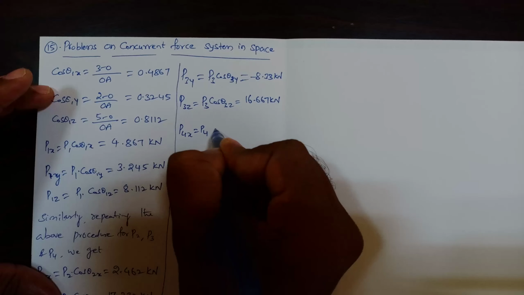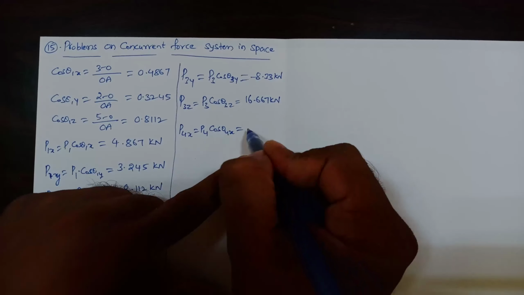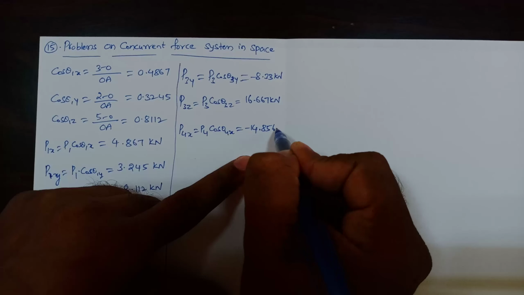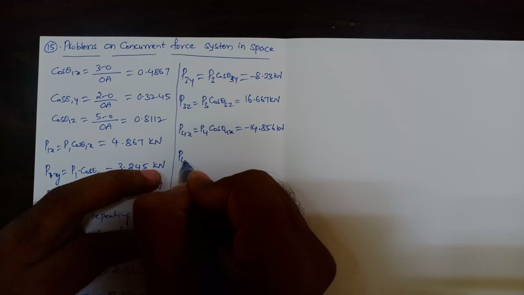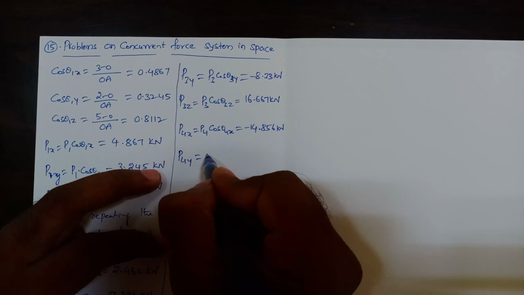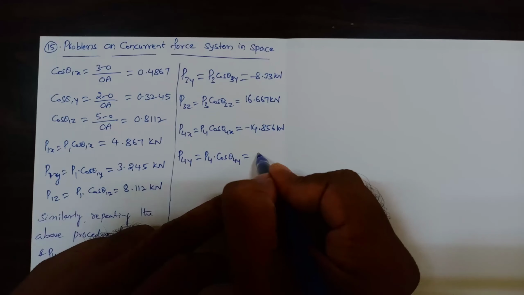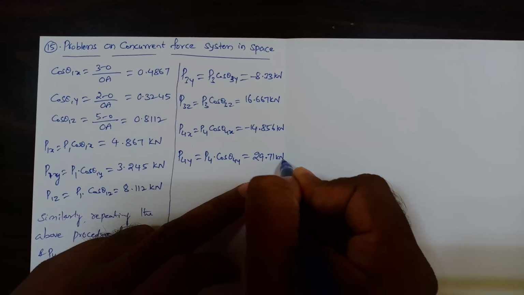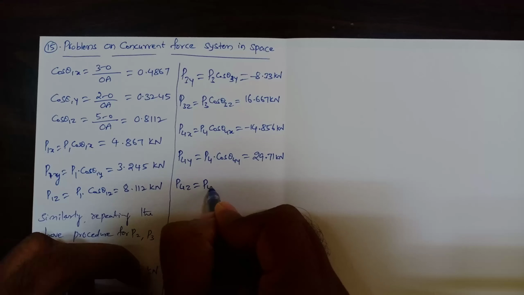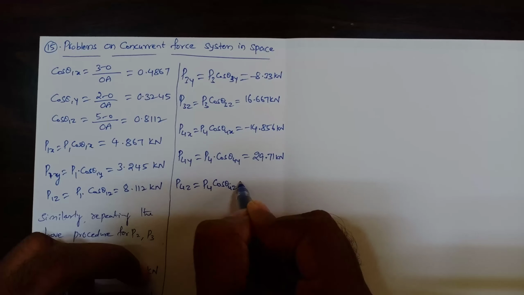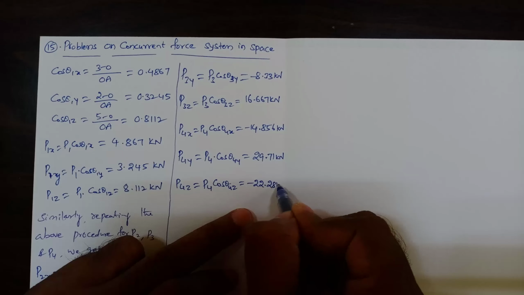is equal to P4 cos theta 4x, that is equal to minus 14.856 kilonewton. P4y is equal to P4 cos theta 4y, that is equal to 29.71 kilonewton, and P4z is equal to P4 cos theta 4z, that value is equal to minus 22.28 kilonewton.